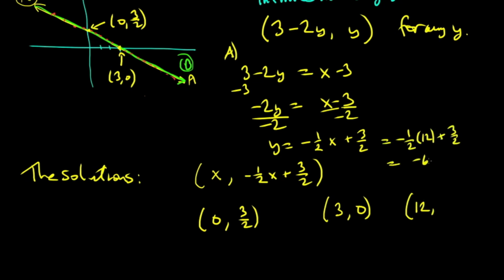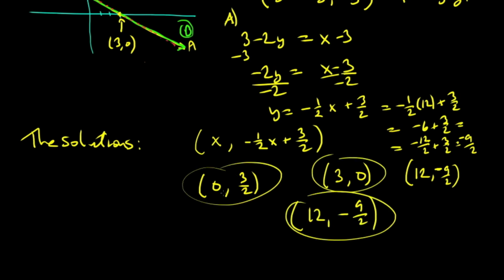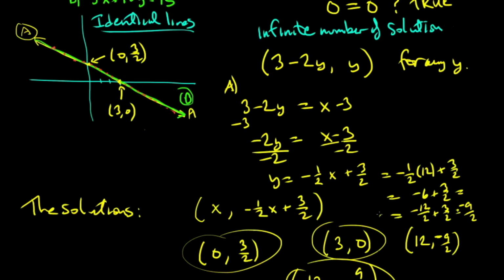So that's going to be negative 6 plus 3 over 2, which is, sorry for squeezing this in here, negative 12 over 2 plus 3 over 2, which is negative 9 over 2. So here's another solution, right? And the point is they just go on forever. You can list these forever. Just different x's, you get different y's.